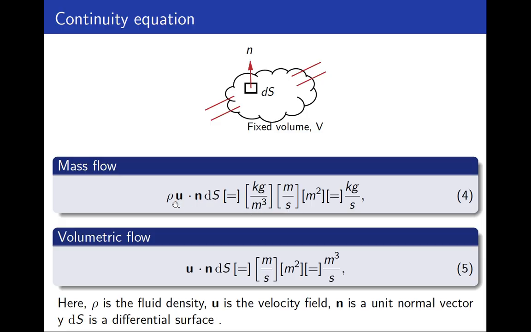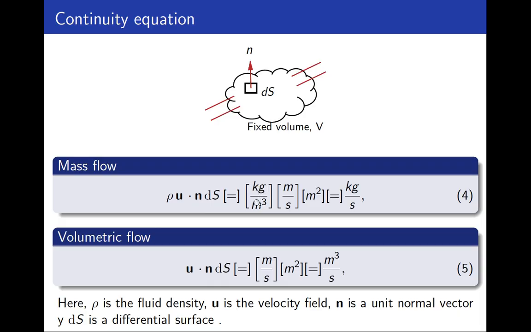And then we multiply the density by the velocity of the fluid, because the fluid is moving with a velocity u, which is a vector, the bold letters are vector quantities, and then we multiply this quantity by the unit normal vector.